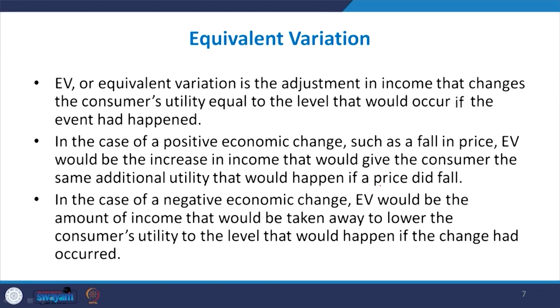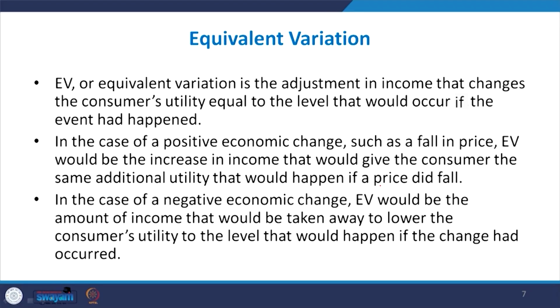Similarly, you can also explain equivalent variation. Equivalent variation is the adjustment in the income that changes the consumer's utility equal to the level that would occur if the event had not happened. Event here means a price increase or decrease, or sometimes income may also be taken into consideration.